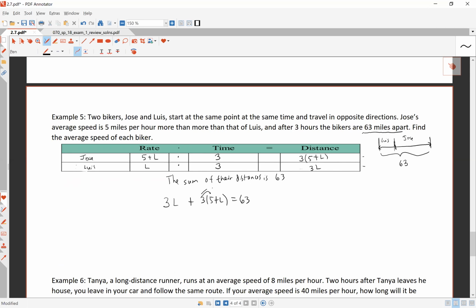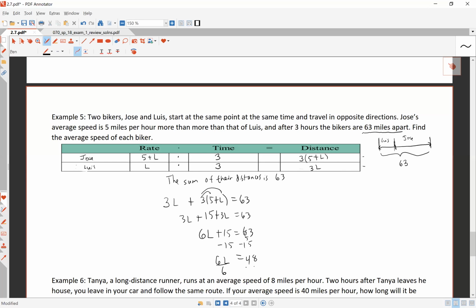We distribute the 3 across, which gives us 15 plus 3L. On the left side, we have 3L plus 3L, which is 6L. And now we solve this standard equation, ax plus b equals c. We subtract 15 from both sides, and we have 6L is 48.